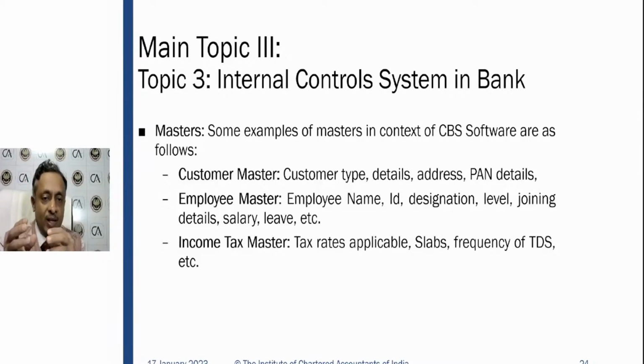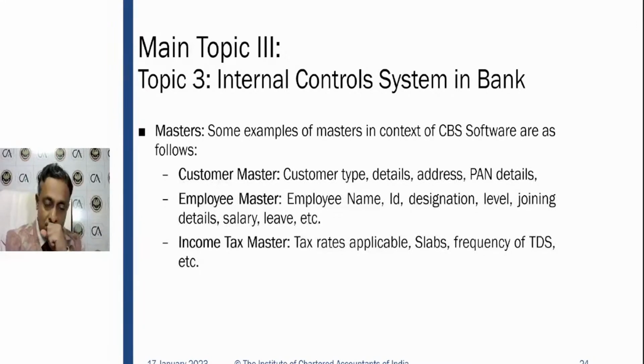So customer type, customer detail, customer address, customer PAN detail, customer Aadhaar detail, or the photo ID proof the customer has given. Then if the customer doesn't give a PAN or does not have a PAN, there is a concept of Form 60/61 to be filled by the customer. So all these definitions are part of the customer master.